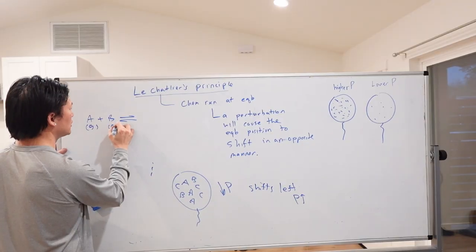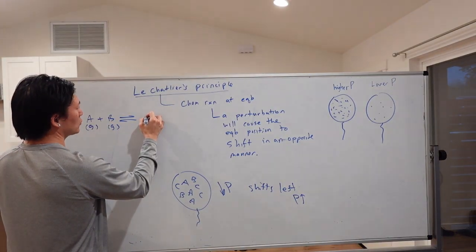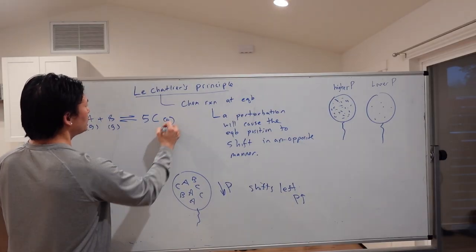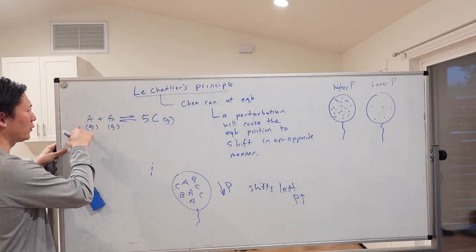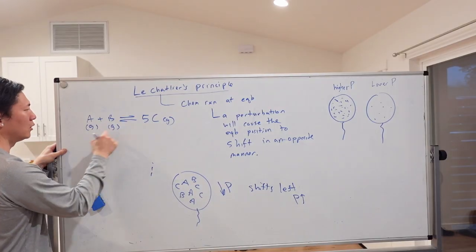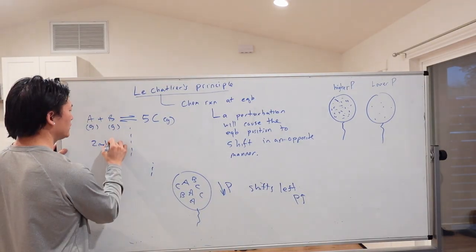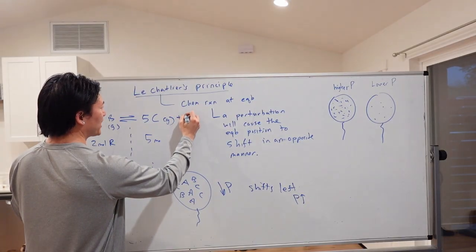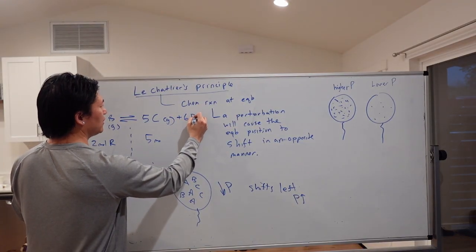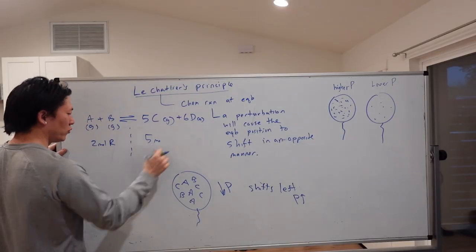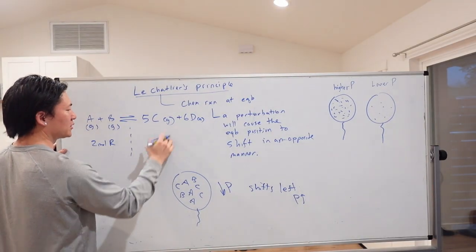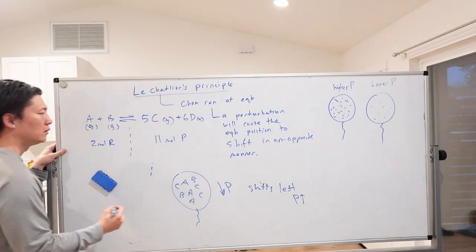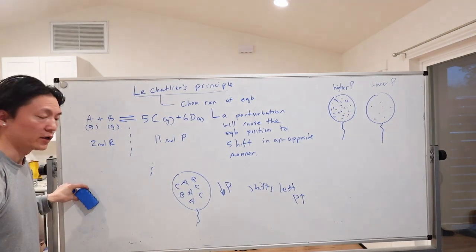G for gas. And then we make 5 C gas particles here. So only 2 moles on the left side of reactants, and here there are 5 moles. Let's make it even more exaggerated: 6 D gas. So over here there's 5 plus 6, which is 11 moles of product.